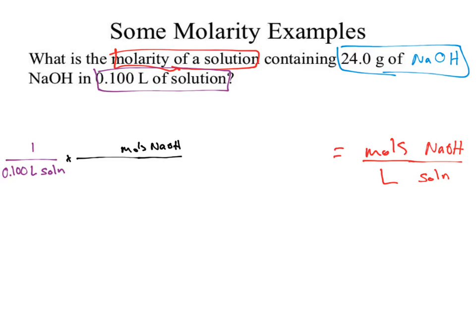It is my choice to now look at the given information and say, could I somehow relate the given information to moles so that I can come up with a conversion factor here? Or do I just want to say, well, sodium hydroxide is the substance. It's showing up in the numerator. So instead of writing moles of sodium hydroxide, I'm going to write grams of sodium hydroxide. Everybody understand those two choices? Okay, I saw one head shake no, that is fine.